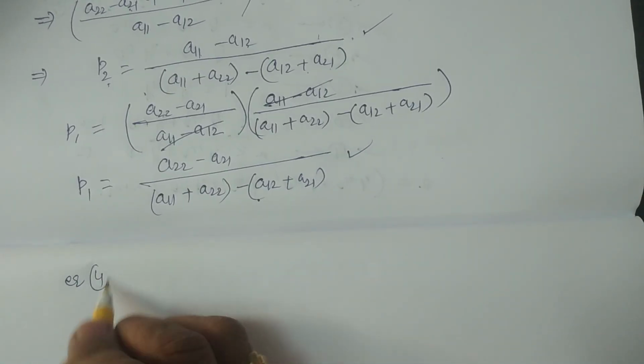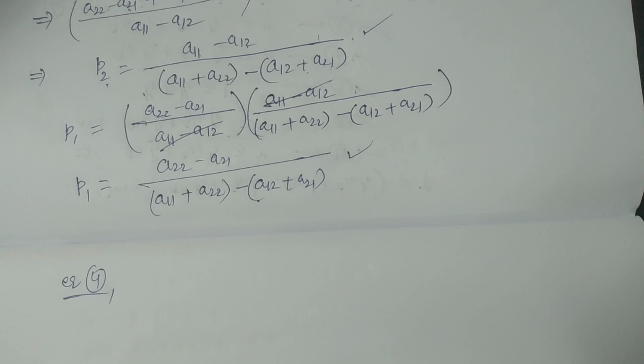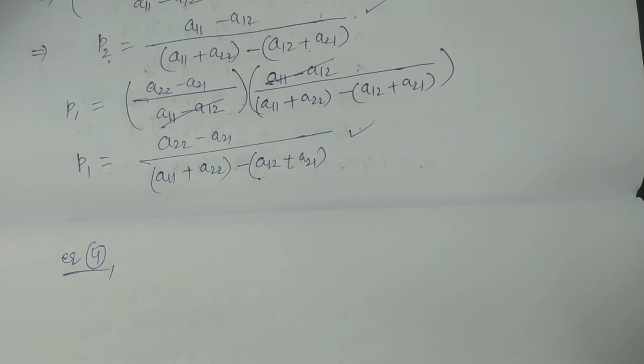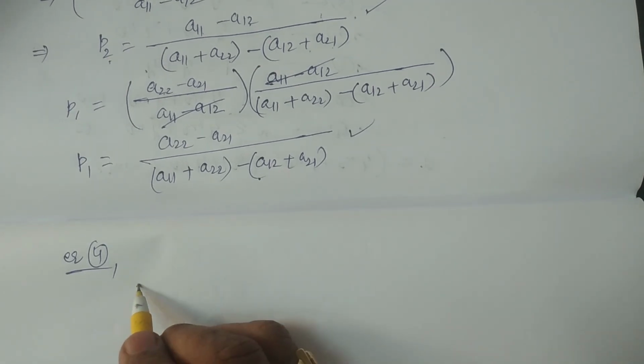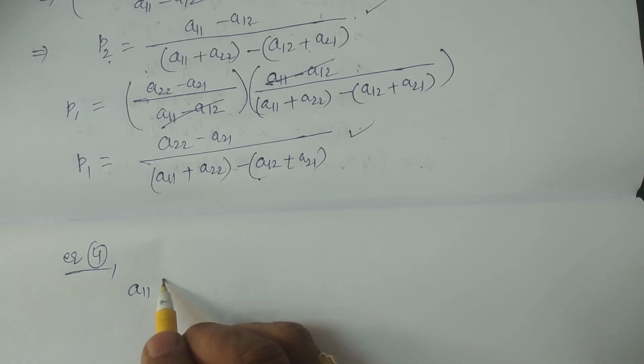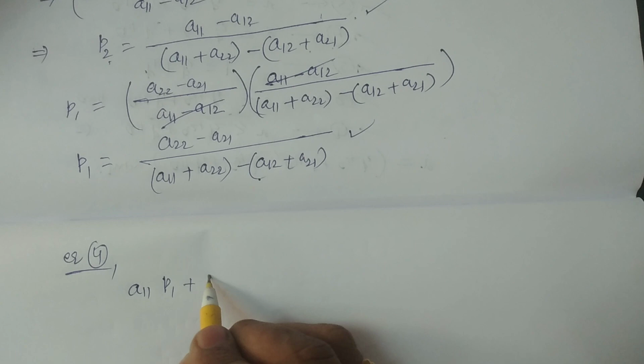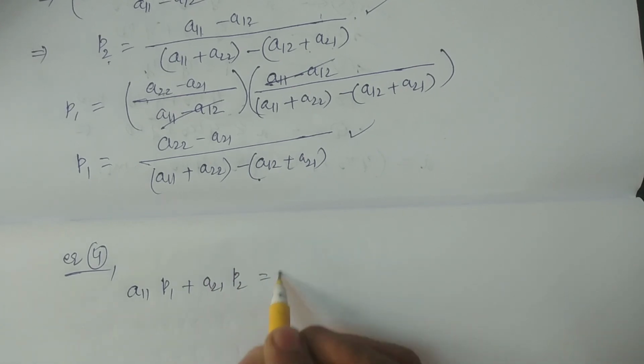From equation 4, if you substitute the values of P1 and P2, we will get the value. What is equation 4? Equation 4 is nothing but A11 multiplied by P1 plus A21 multiplied by P2 is equal to mu.